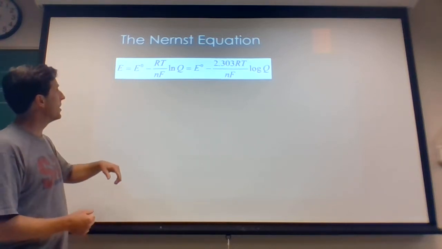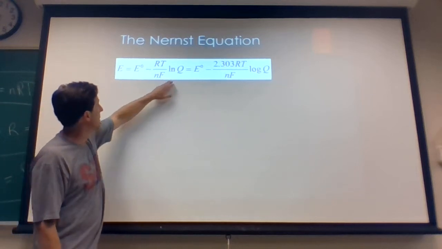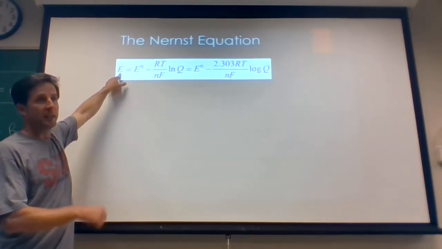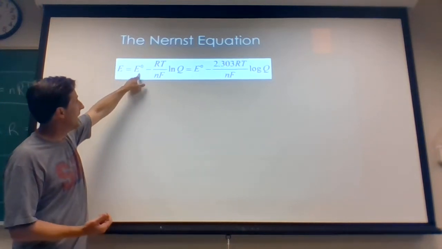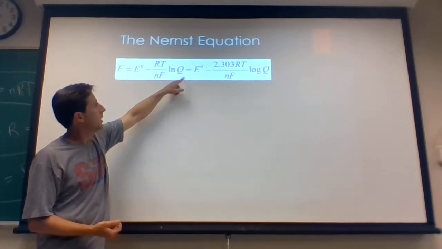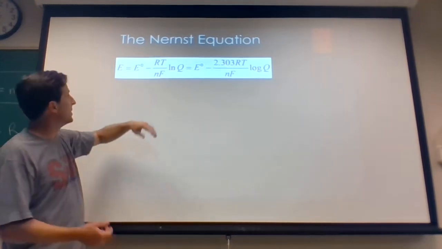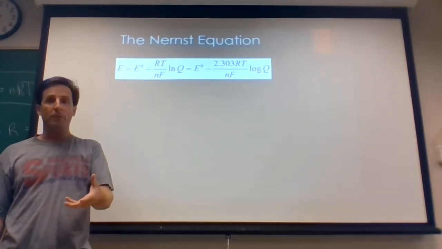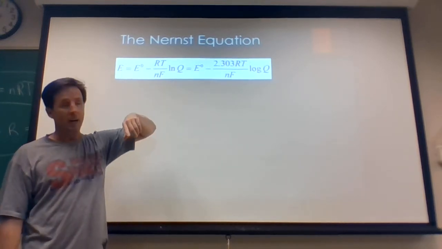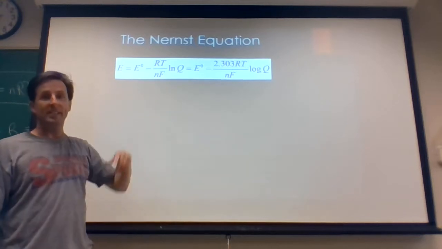The way that works, our equation right here: E, the cell potential under non-standard conditions, equals the E naught value minus RT over NF times the natural log of Q. The values we use there: R is 8.314 joules per mole Kelvin. T is temperature in Kelvin. N represents the number of electrons.